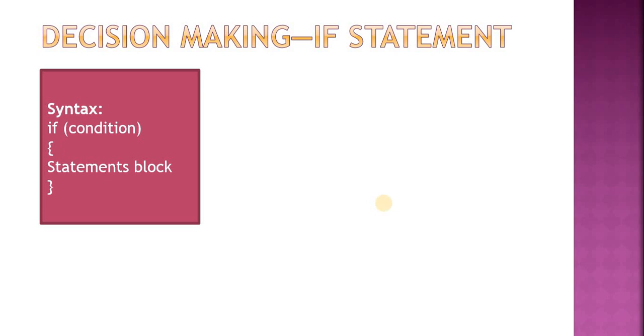The condition is going to return a Boolean value, that is either true or false. If the condition is true, in that case, the statements which are written with the if will be executed. In case the condition evaluates to false, then the statements which are written with if will not be executed.